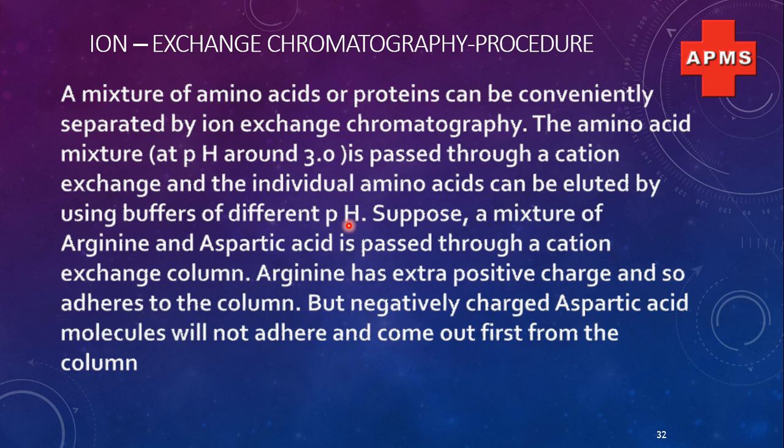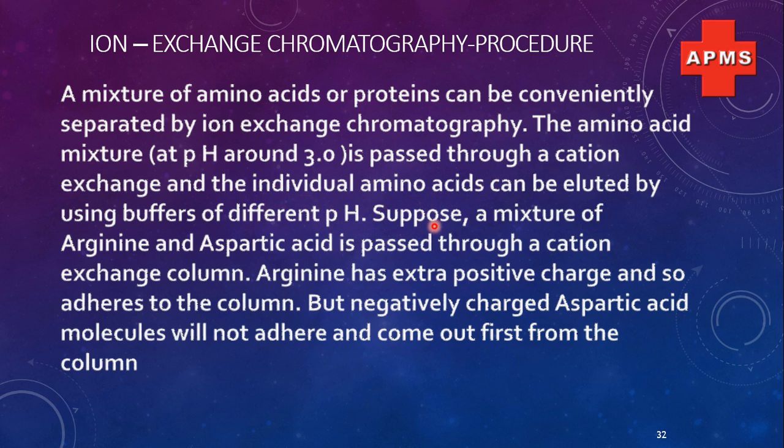So these various amino acids show different pKa or pKb values. So depending on those values, these amino acids or somewhat similar types of molecules show cationic or anionic behavior when we change the pH of the medium, the pH of the mobile phase. At lower pH or at higher pH, the same amino acid could behave differently.